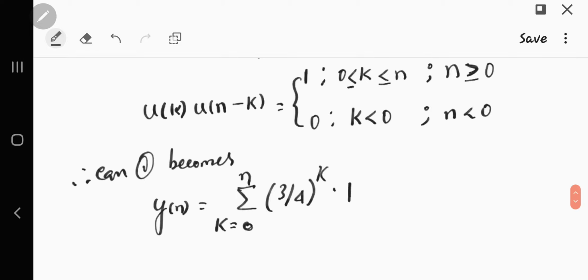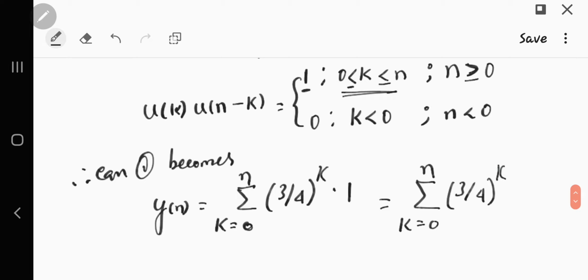Why I have written 1 is because u of k and u of n minus k will be 1 for values of k greater than 0, less than or equal to n. So let's move on. This can be simply written like this: summation k is equal to 0 to n, 3 by 4 to the power of k, just for simplicity.